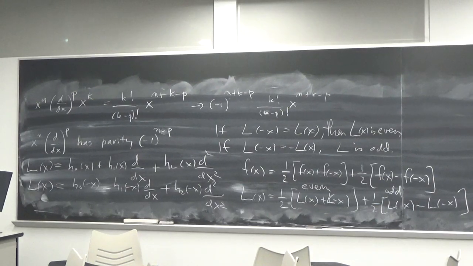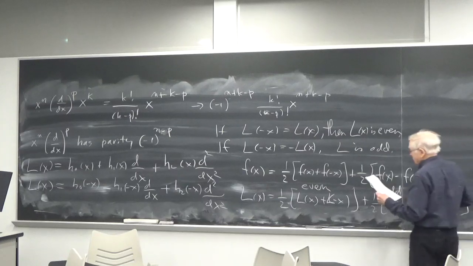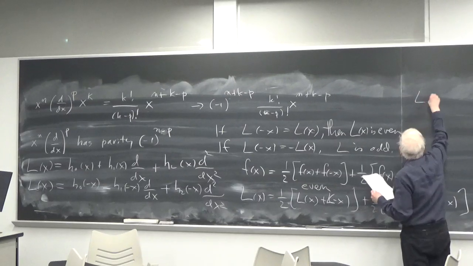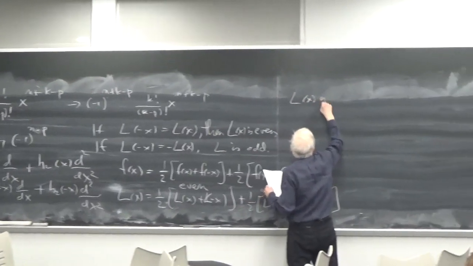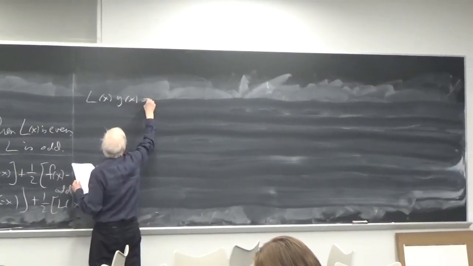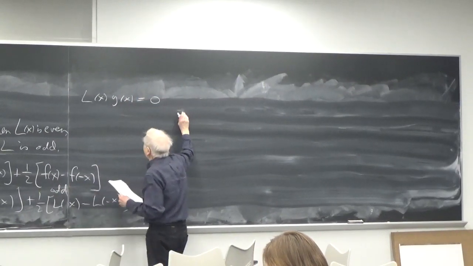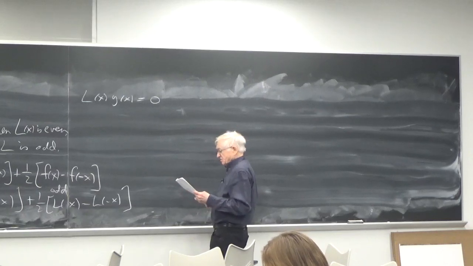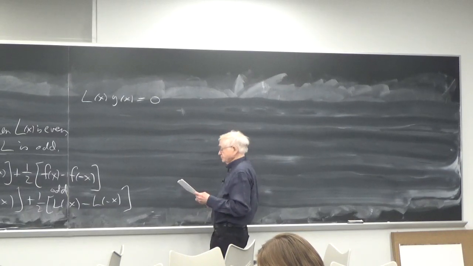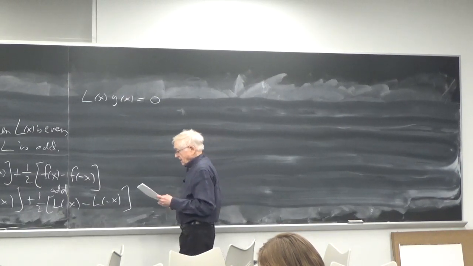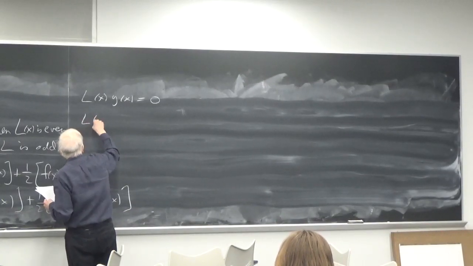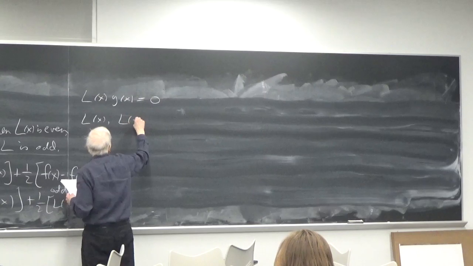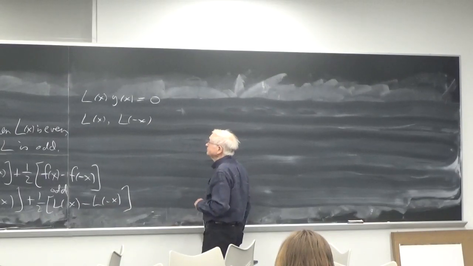So now here's something a little bit more subtle. Suppose we have a solution to the differential equation L of x, y of x equal to 0. And suppose L of x and L of minus x are well defined.